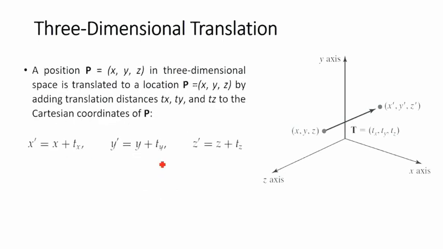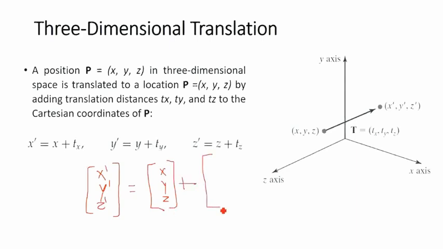Technically speaking, it's okay if we have x, y, z plus tx, ty and tz. This will be fine, but the problem is when we go for concatenation of operations, concatenation of matrices in order to get composite transformations.